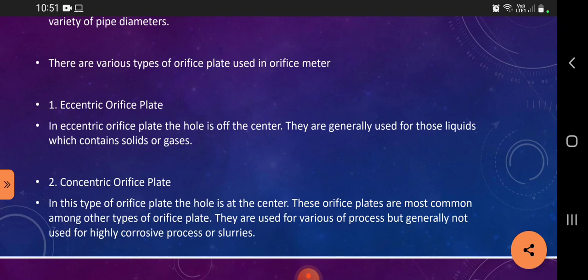They are generally used for those liquids which contain solids or gases. Concentric orifice plate: in this type of orifice plate, the hole is at the center. These are the most common among other types of orifice plate. They are used for various processes, but generally not used for highly corrosive processes.